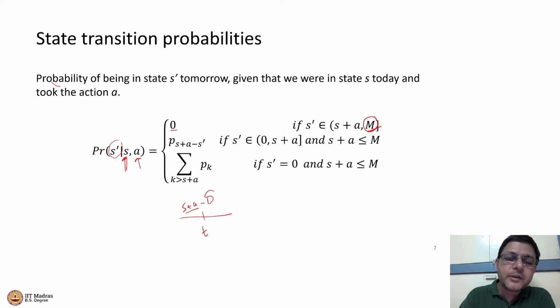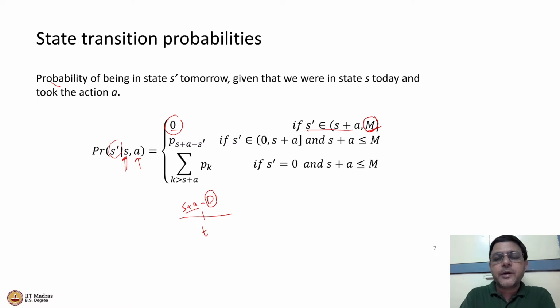This demand is always going to be non-negative, right? It may be zero sometimes, but it is never going to be negative, and therefore you cannot carry more than S plus A, which is what is governed by this. So if S prime is in the interval S plus A to M, you can't have this situation. Therefore the probability is going to be zero, right?